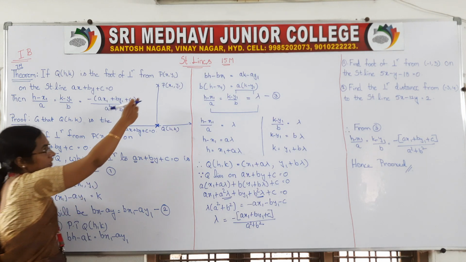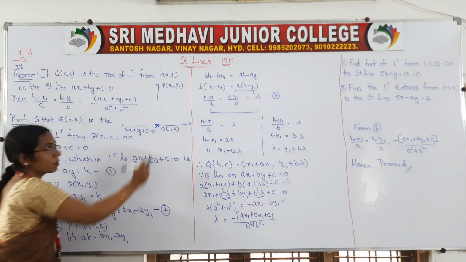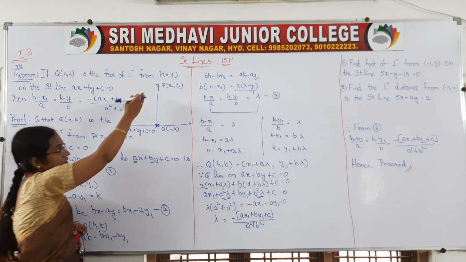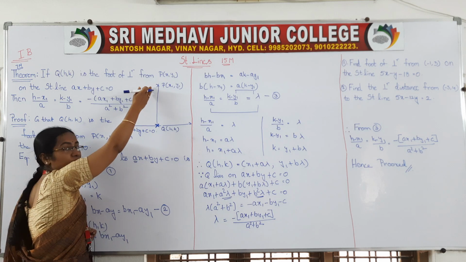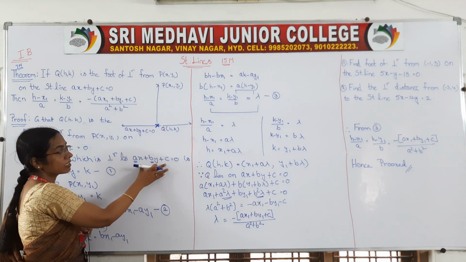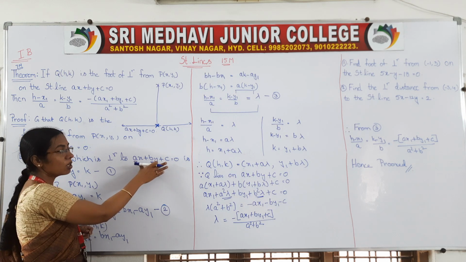Okay. Now, try to get your equation of the line PQ. So, equation of PQ, which is perpendicular to ax plus by plus c is equal to 0. How will we write the equation of PQ? It is confirmed that PQ is perpendicular to this line ax plus by plus c is equal to 0.